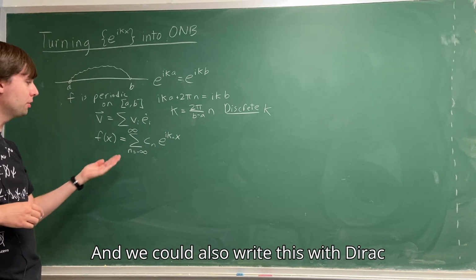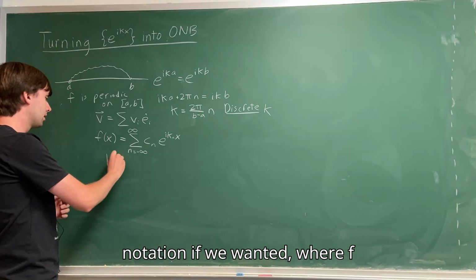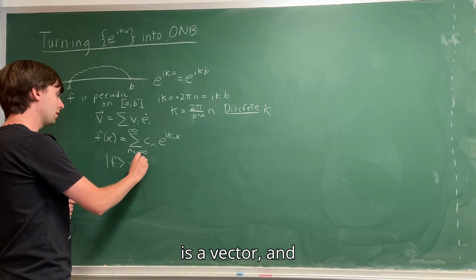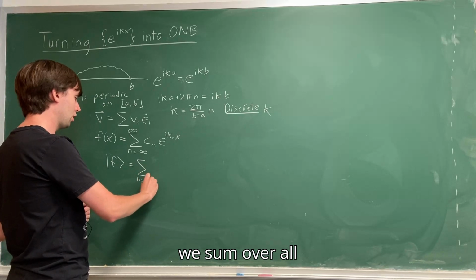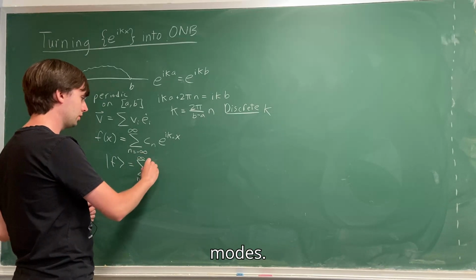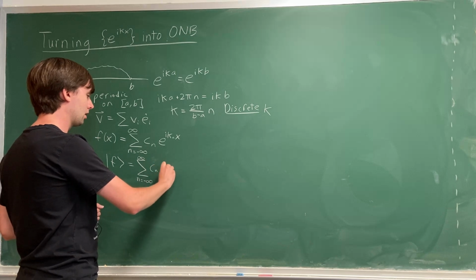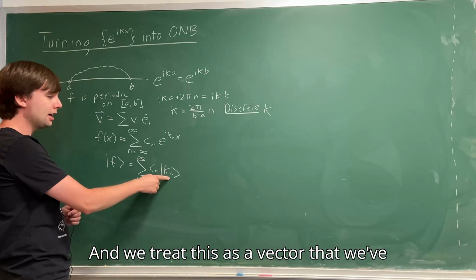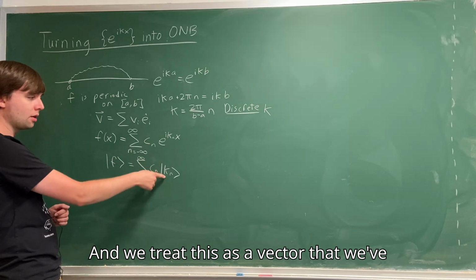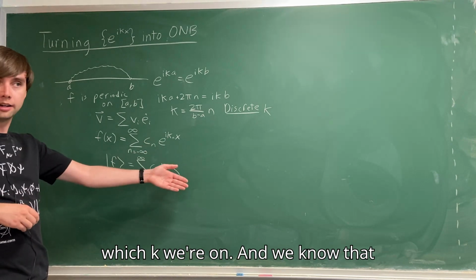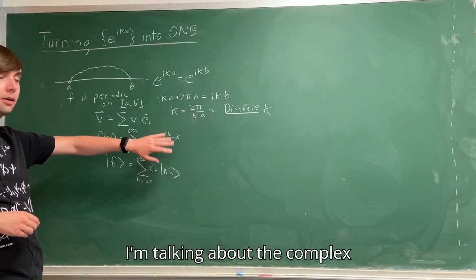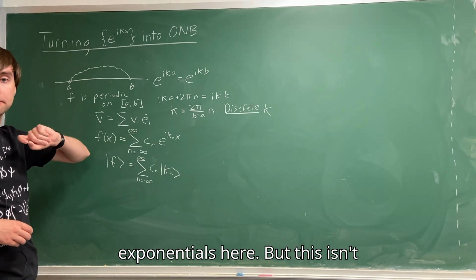And we could also write this with Dirac notation if we wanted, where f is a vector, and we sum over all modes. And we treat this as a vector that we labeled by its eigenvalue. We label it by which k we're on.